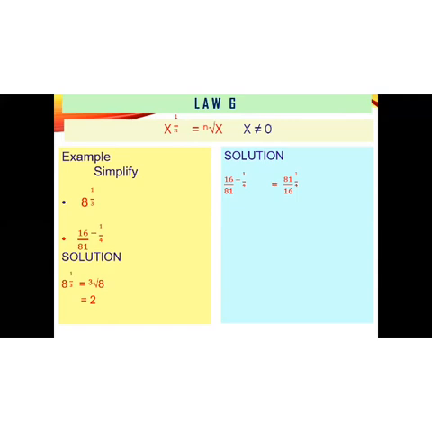So that gives us 81 over 16, now raised to the power of 1 over 4. The minus is gone. So you can see we are applying the negative power law here also. So when we do that, we can then use our law 6 here, and we're going to be finding the fourth root of 81 over 16.